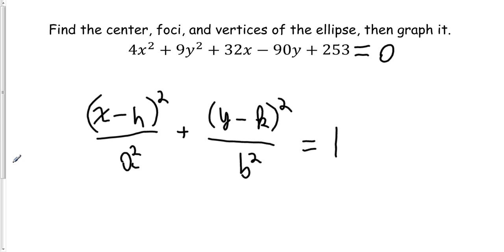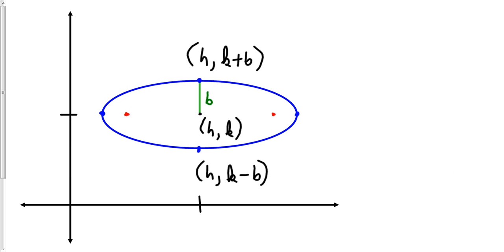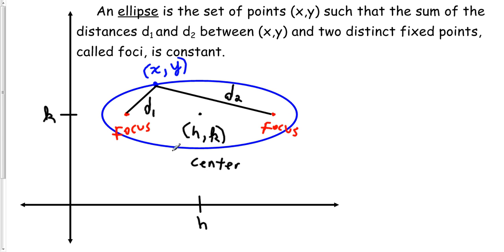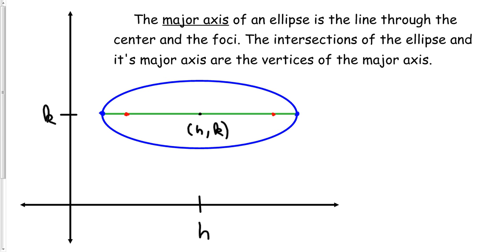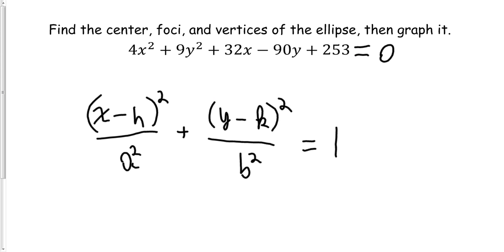And when we put it in this form, we'll be able to find h, k, which is going to be the center, if you recall. The center from the beginning was defined as h, k.